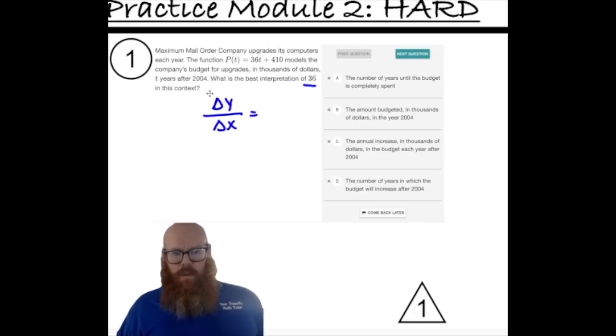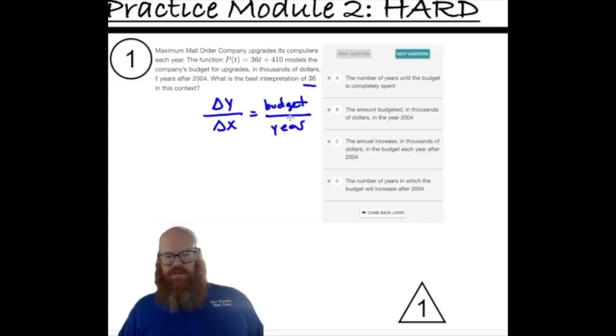And what we want to do is look at the change in y as the budget, in thousands of dollars. But I'm just going to put that budget is what's changing up here. And then this is per year, so it's really the change per each year.